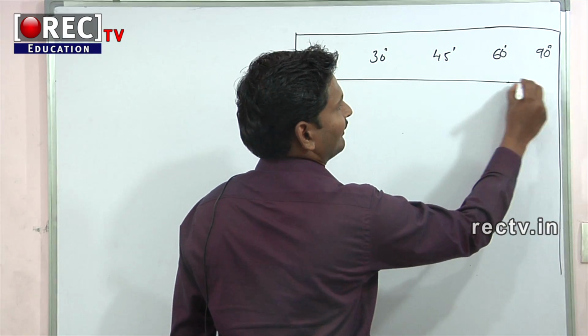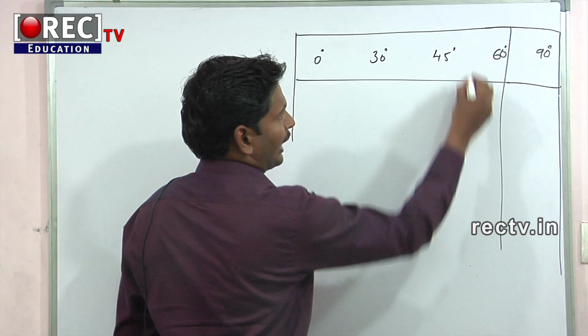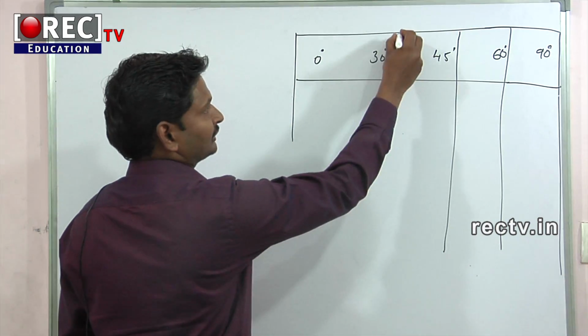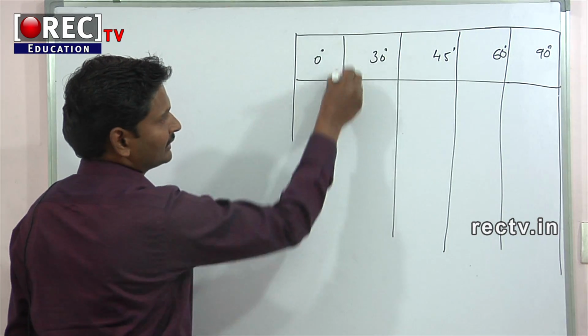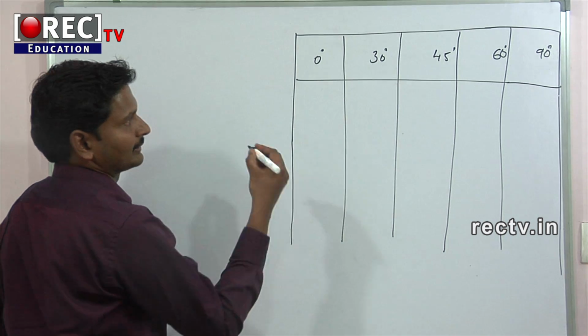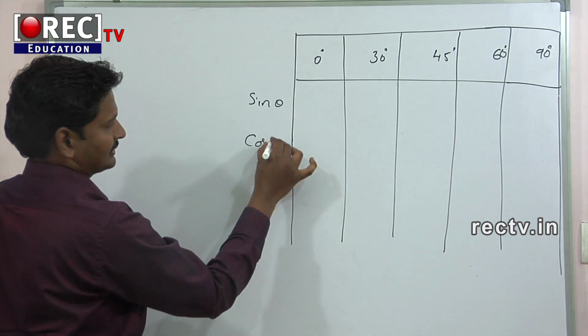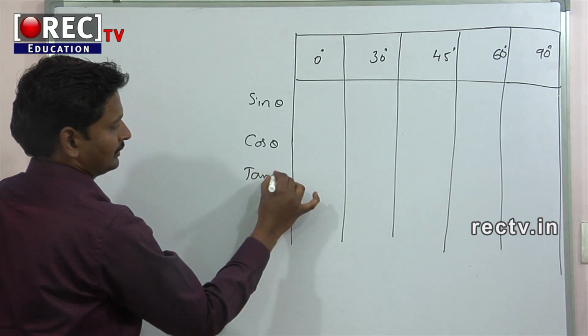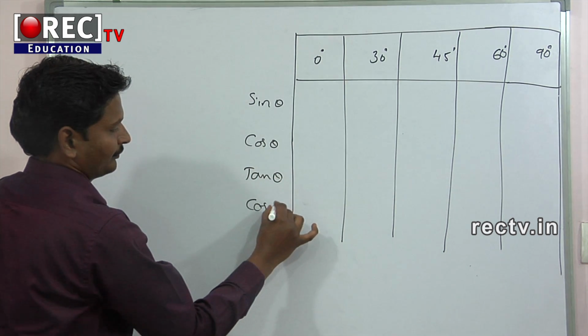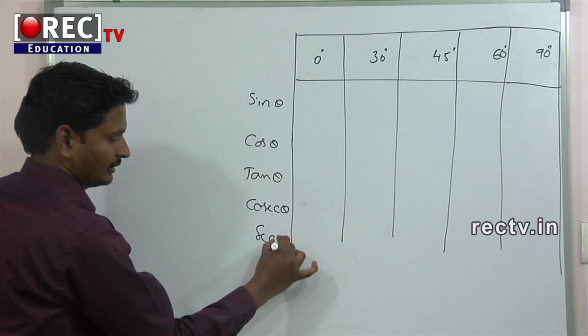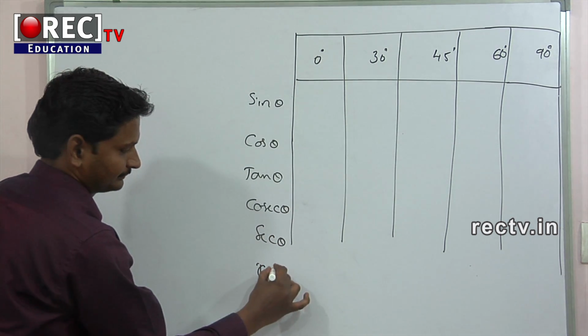These are the specified angles. We have to write trigonometric ratio values at these specified angles. First one sin theta, and next cos theta, next tan theta, cosec theta and sec theta, and next cot theta.